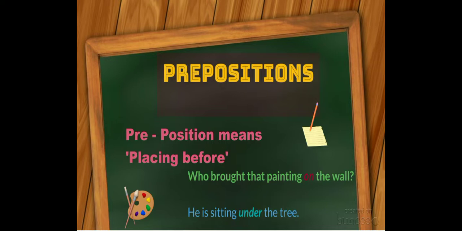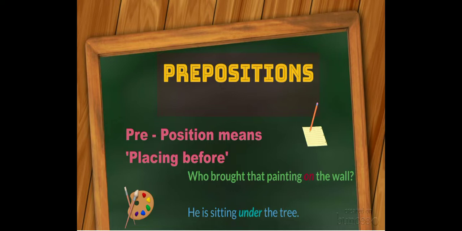For example, see some examples given here. Who brought that painting on the wall? Here the preposition is on, and the wall is a noun, right? So the preposition on is just placed before a noun.